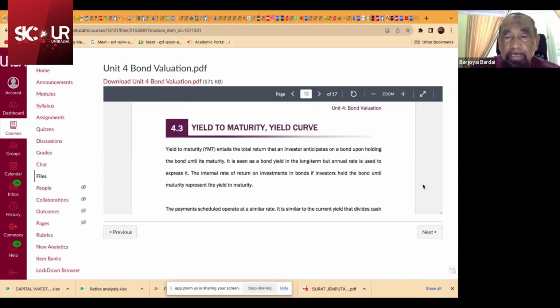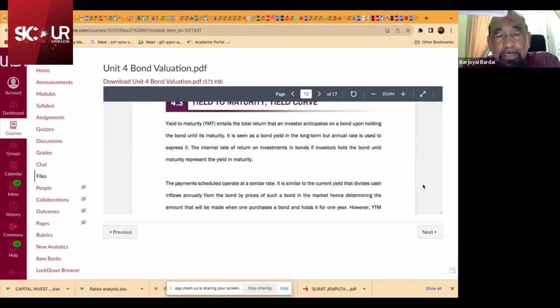It is seen as a bond yield in the long term, but an annual rate is used to express it. It is the internal rate of return on investment in a bond, if the investor holds the bond until maturity.